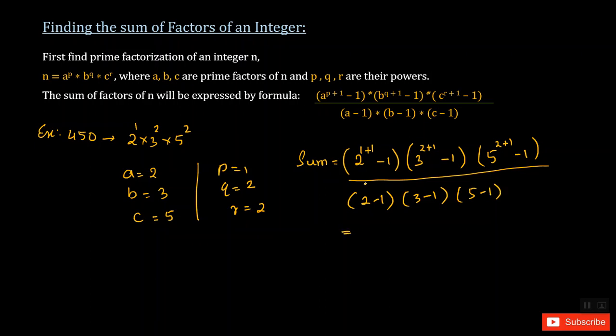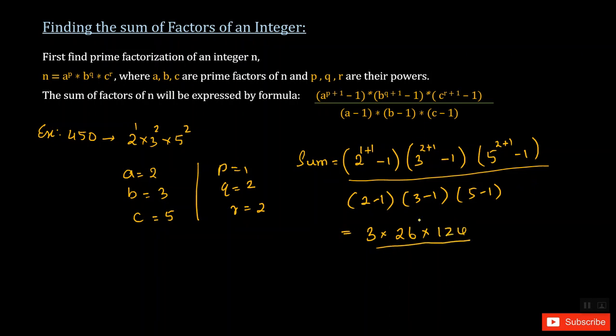So that simplifies: 2 to the power 2 is 4, 4 minus 1 is 3, times 3 to the power 3 is 27, 27 minus 1 is 26, times 5 to the power 3 is 125, 125 minus 1 is 124.